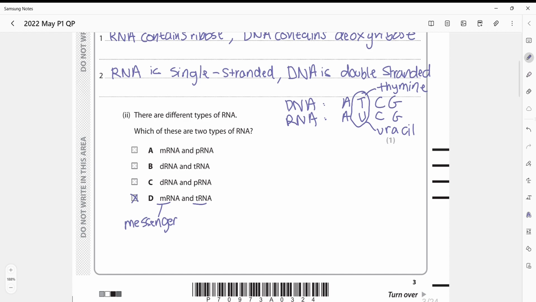Because you have transcription and translation. So mRNA is produced in transcription, whereas the T for tRNA stands for transfer. And what is it transferring? It's transferring amino acids to the ribosome so that translation can occur.